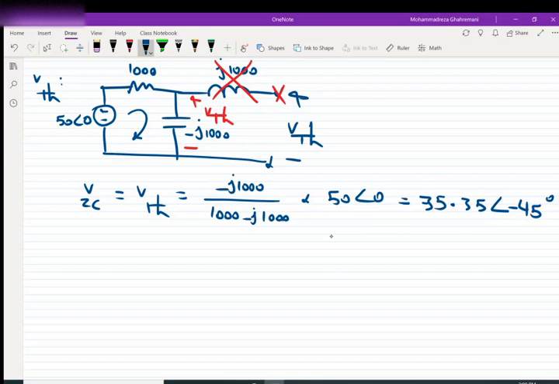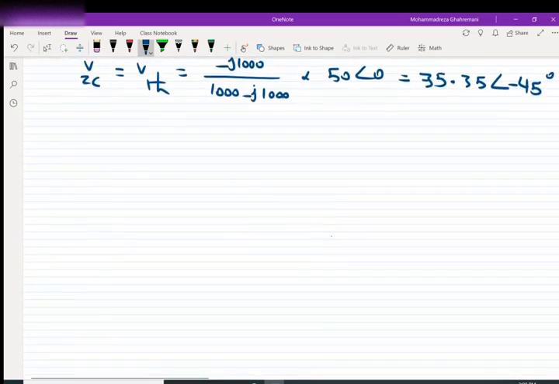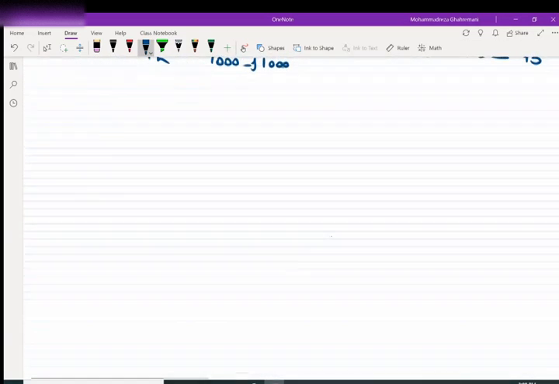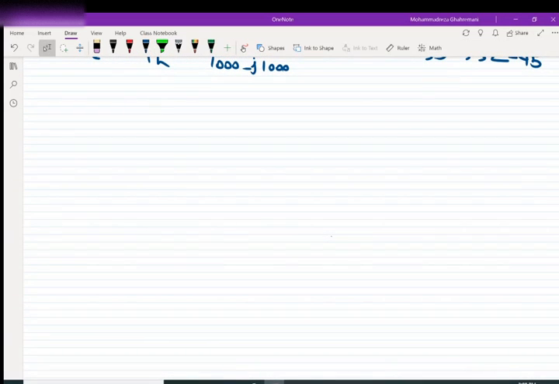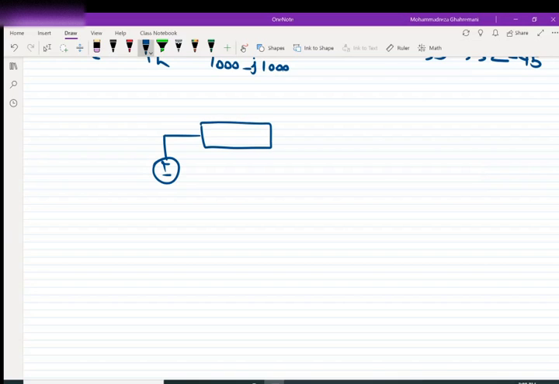This is the V Thevenin for this circuit. Now that we have both Z Thevenin and V Thevenin, we can show the Thevenin equivalent: a voltage source and Z Thevenin, connected to ZL.